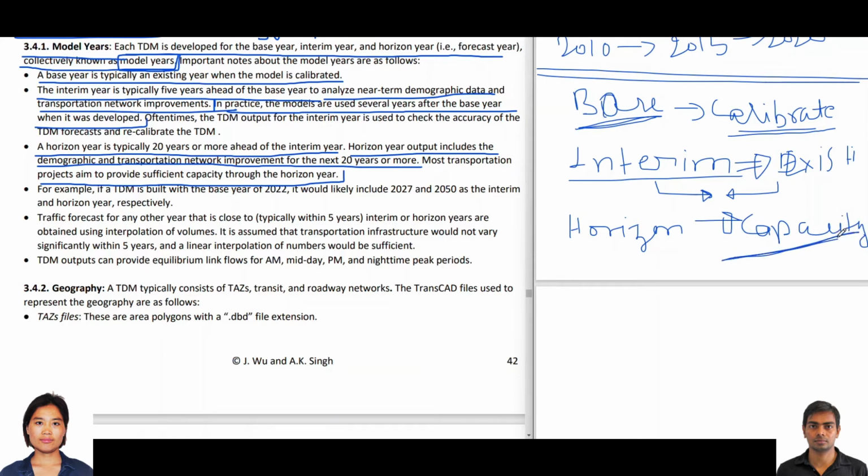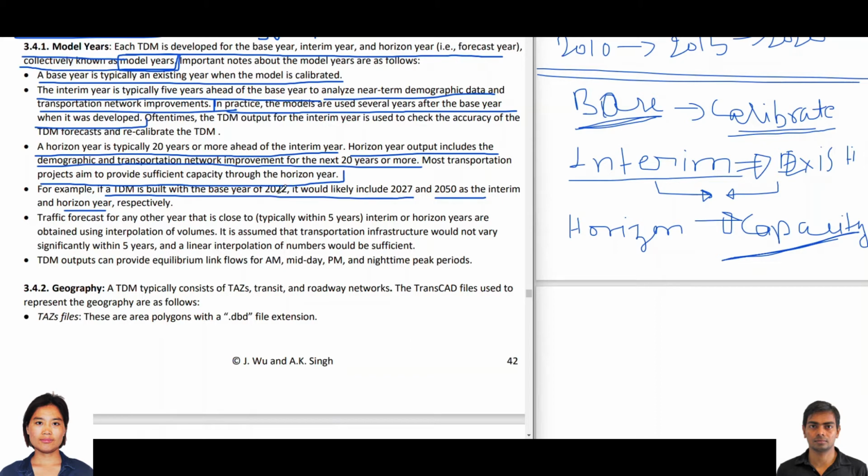So for example, if a TDM is built in 2022, it would likely include 2027 as the interim year and 2050 as the horizon year.